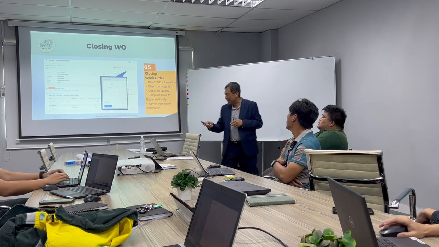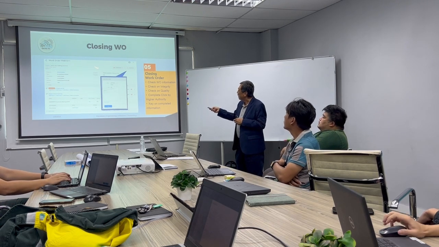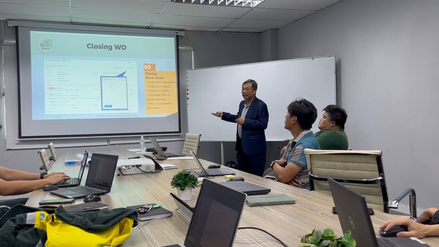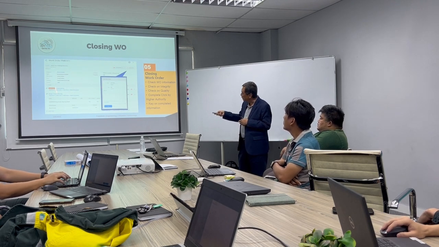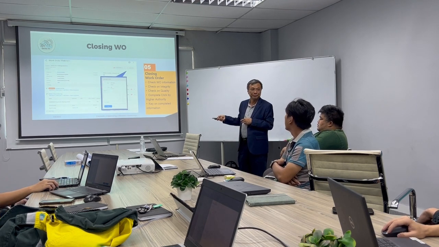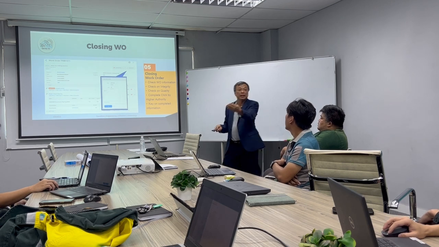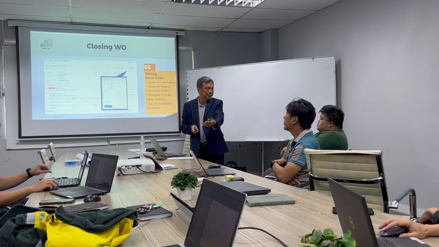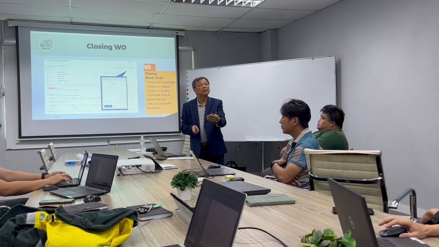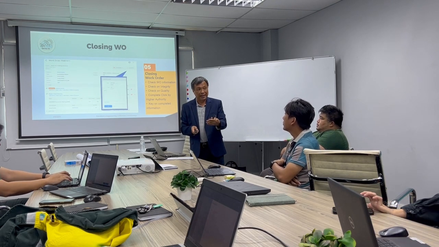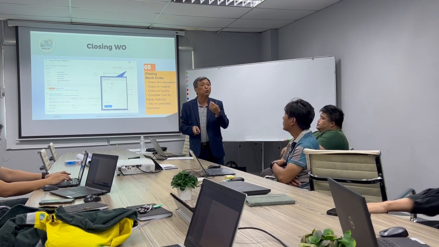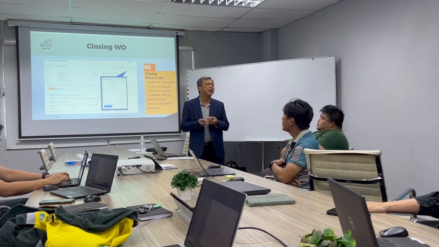So normally, before I give instruction for the technician to do the job, I will print this work order so he carries it to the work. Because our technicians, not all of them, are disciplined enough to do everything on the handphone or on the system. So the best is to give them the paper.